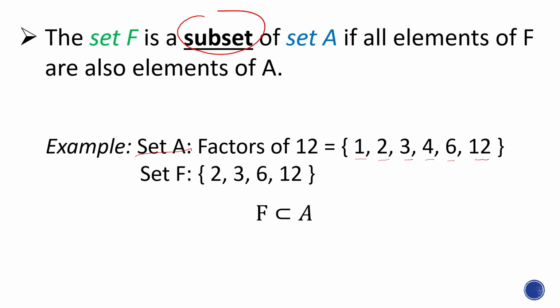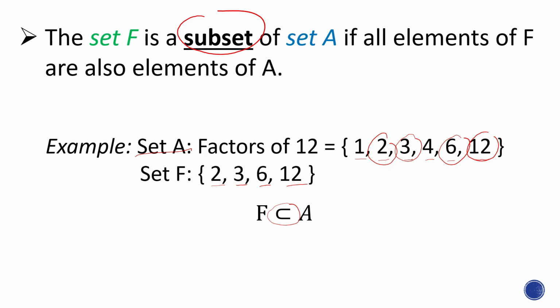Now we have a set F, and the elements are 2, 3, 6, and 12. Now 2 is here in set A, 3 is here in set A, 6 is also here, and 12. So that means F is a subset of A, and this is the notation of that.